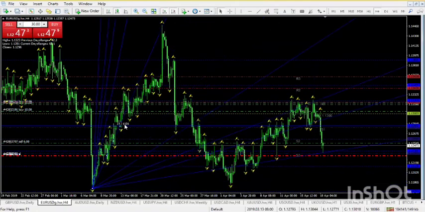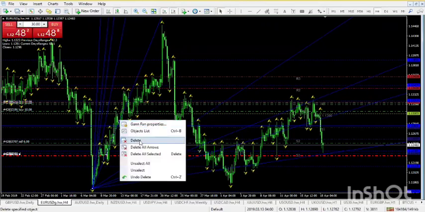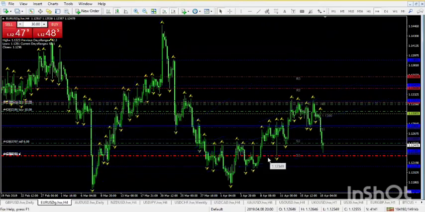So this is the automatic GAN for you. This is what the computer is showing you, but it's not going to show you the minor pivots. But when you draw it manually, you see all of the details of the market.